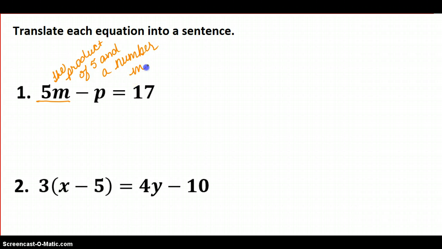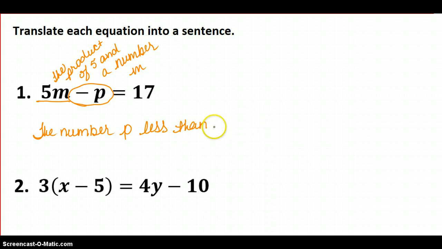It's our variable. Now I'm going to use the less than, because that seems to be where you're all having issues. So this is going to be the number p less than. Remember, less than means something else is coming first.